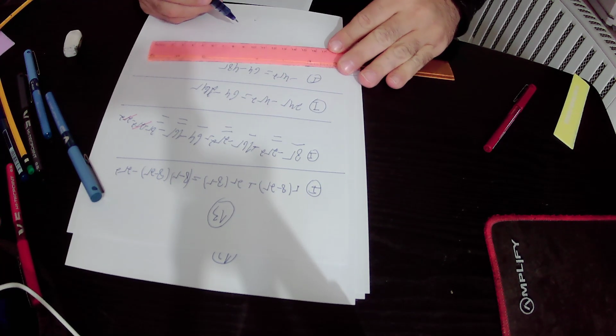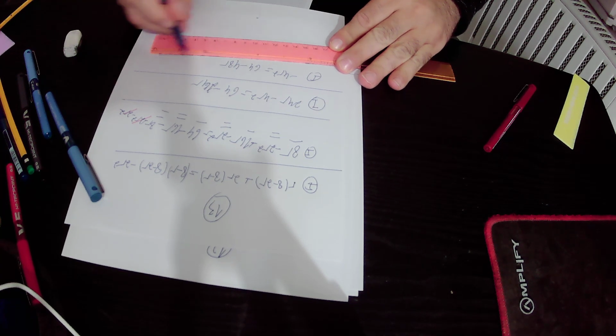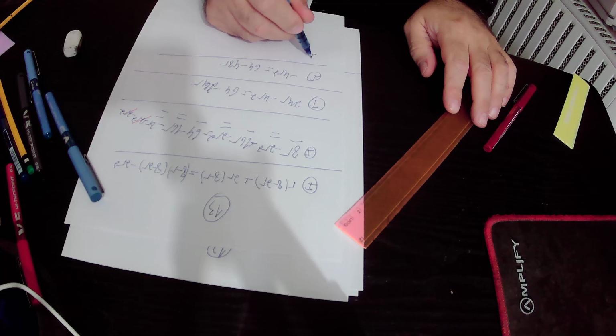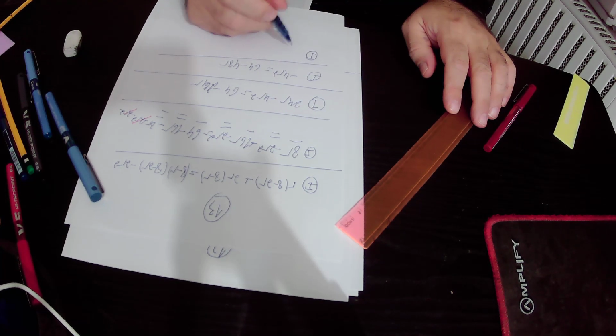We will add 4r squared to this quadratic equation, and we will get that 4r squared minus 48r plus 64 equals to 0.